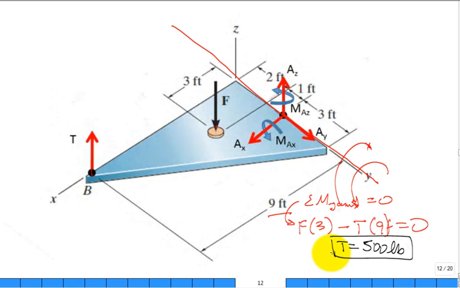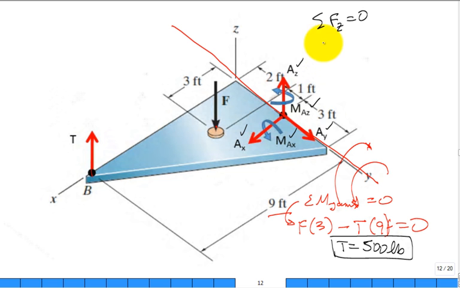Anybody else want to pick one and say how you're going to solve for it? We got AY, AZ, AX, moment at A about the x-axis, moment at A about the z-axis. AZ, you're very good. Do the sum of the forces in the z direction must equal 0.